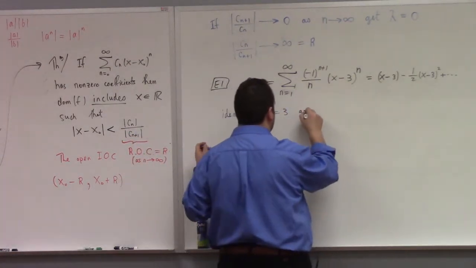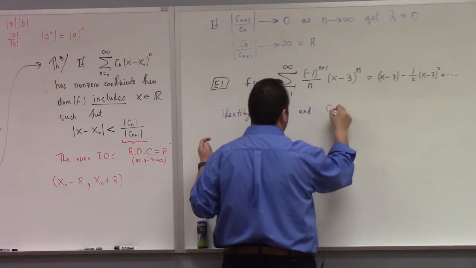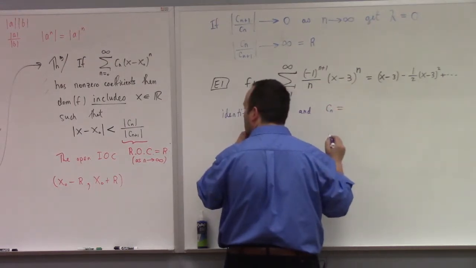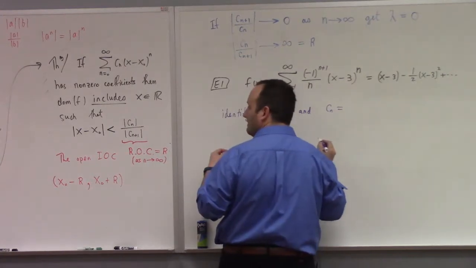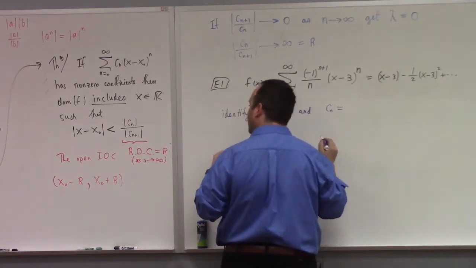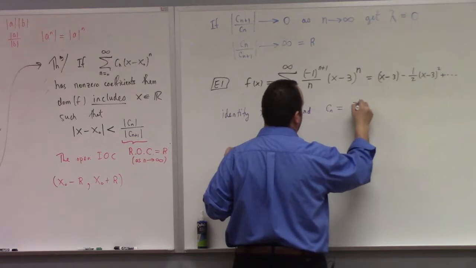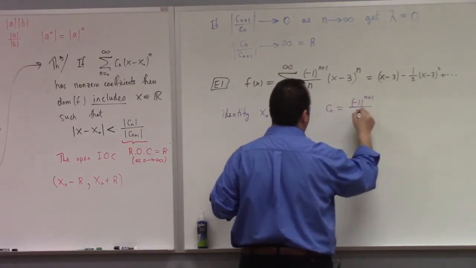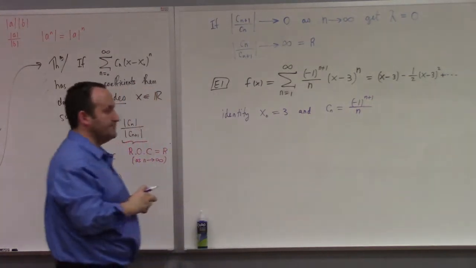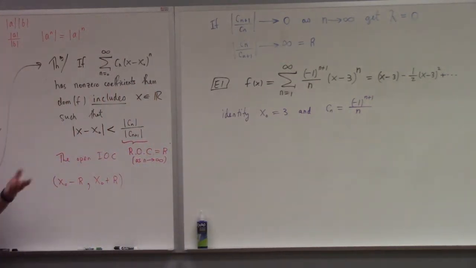And Cn equals what? Looks like minus 1 to the n plus 1 over n, yeah? That's the coefficient. Are they non-zero? Yeah.